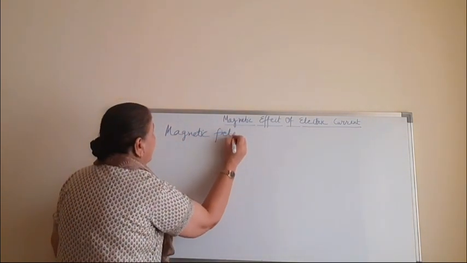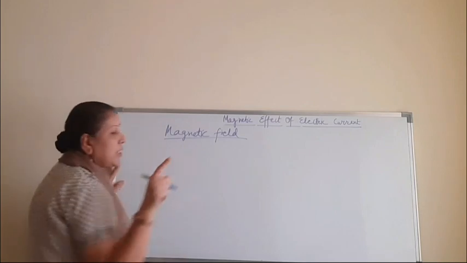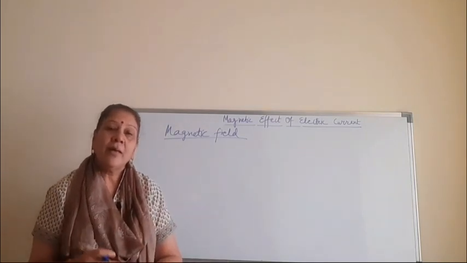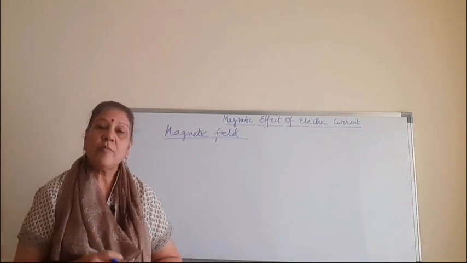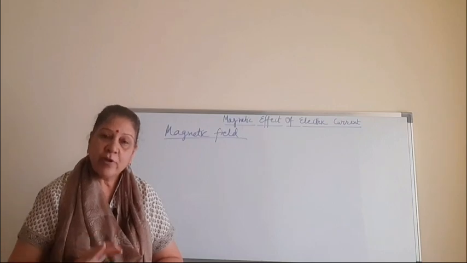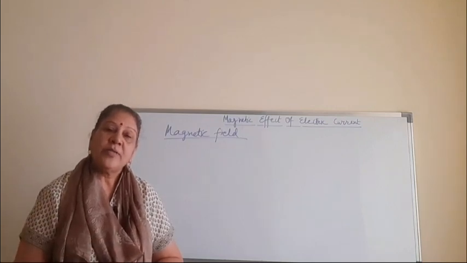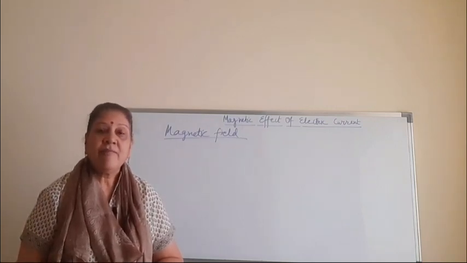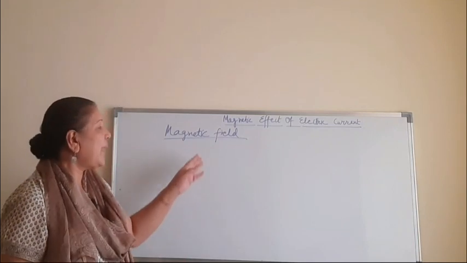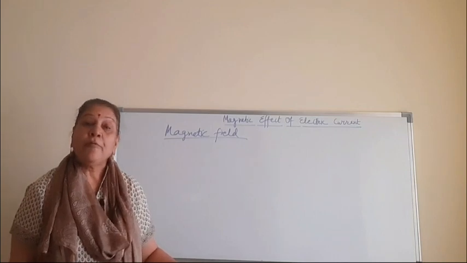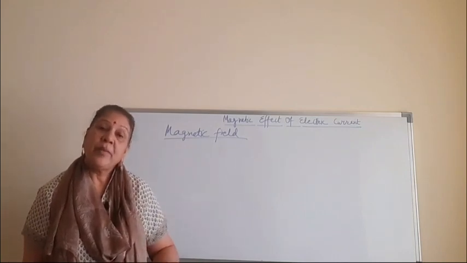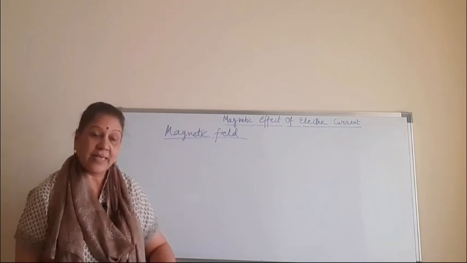It is the area around a magnet up to which the force of magnetism is experienced by any other substance. If you take the object farther away from the magnetic field, definitely it will not experience a force. What is the direction of the magnetic field? Does it have magnitude as well as direction? Yes.